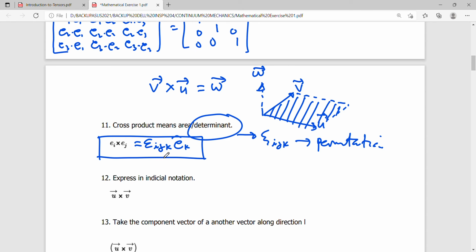Of course, this does not mean it's a summation, because this is just a description of the direction of such epsilon IJ.